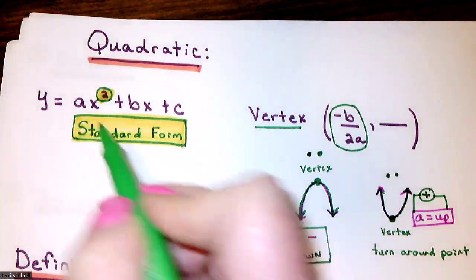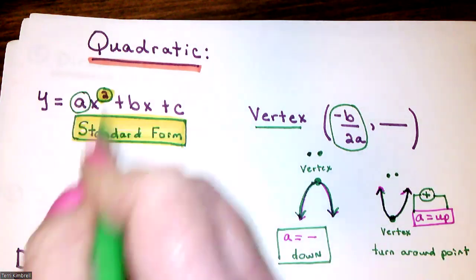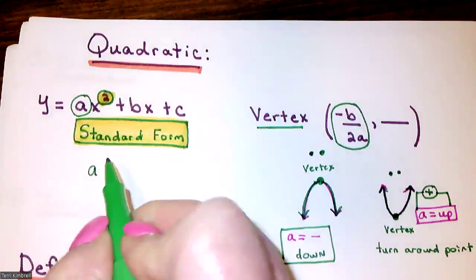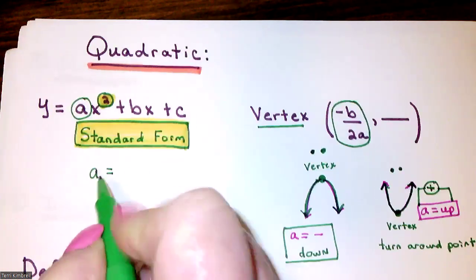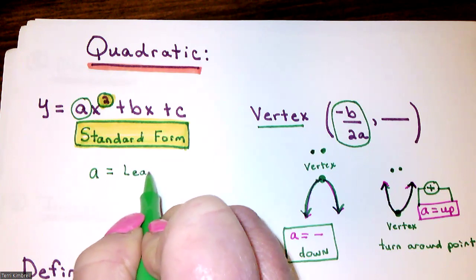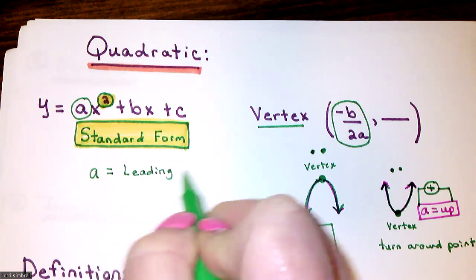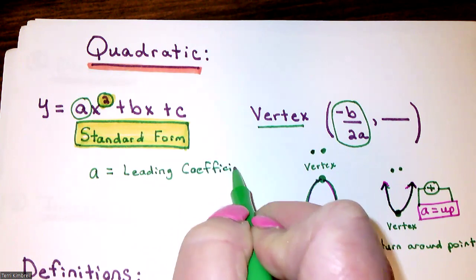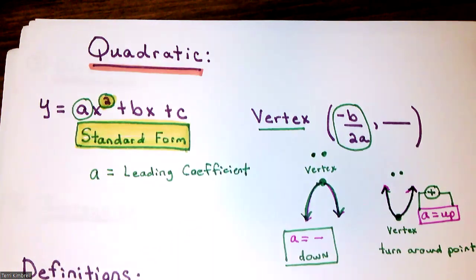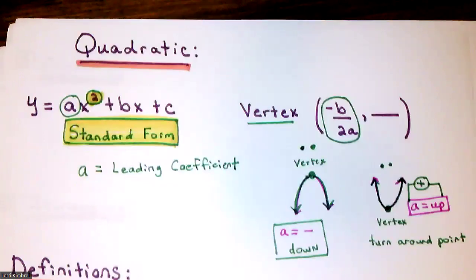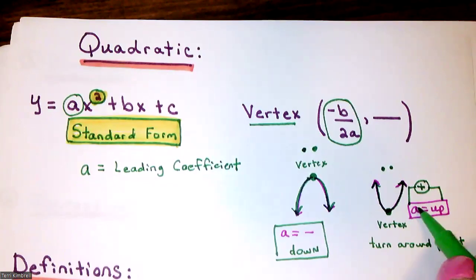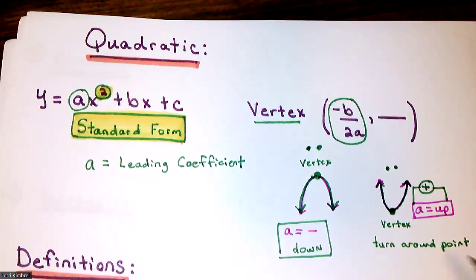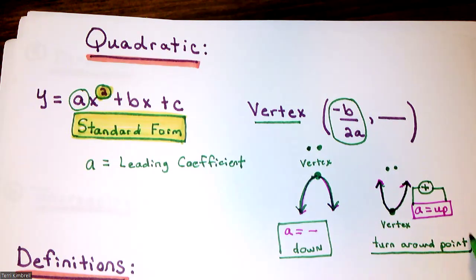Your A is going to be the leading coefficient because it is the leading number in front. If it is positive, it is going to open up. If it is negative, it is going to open down.